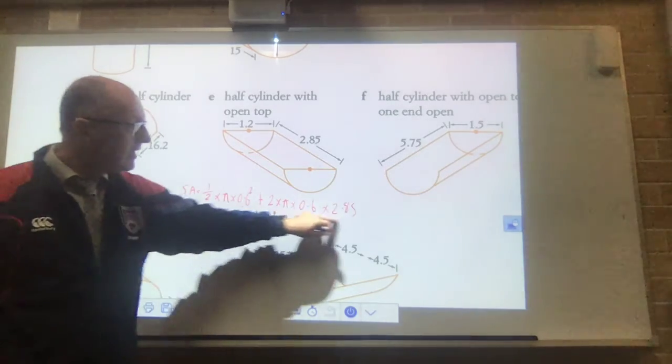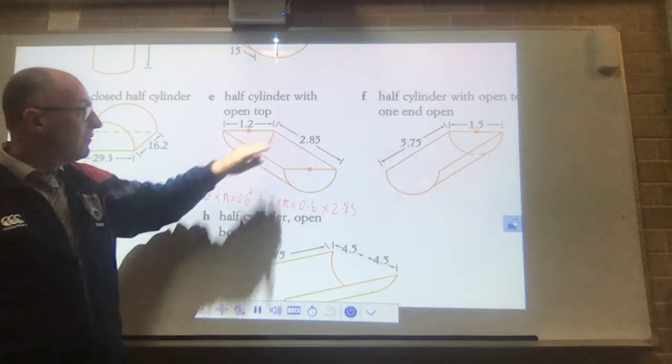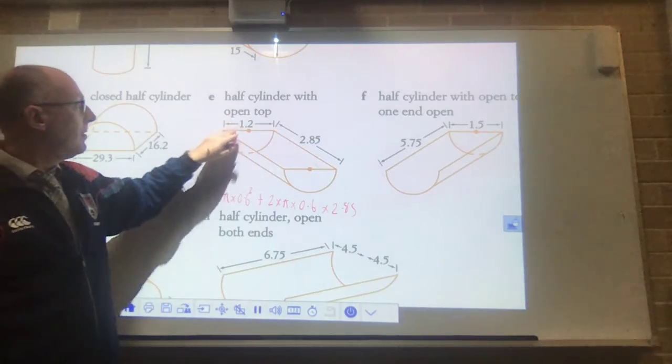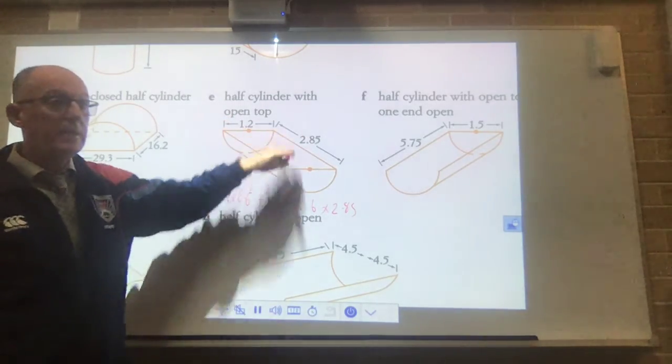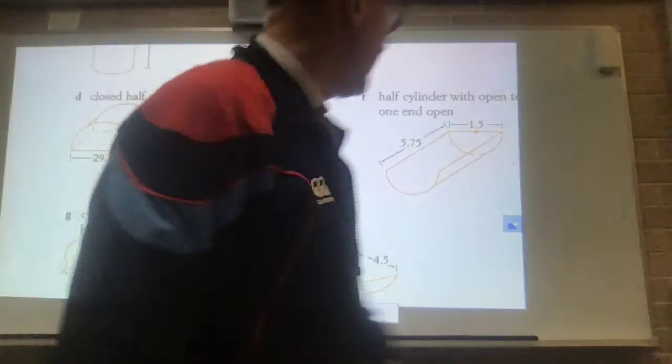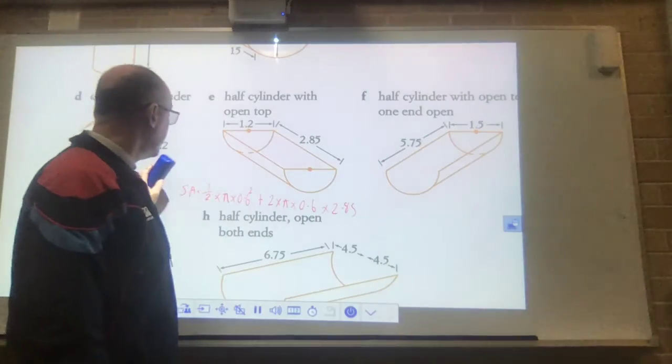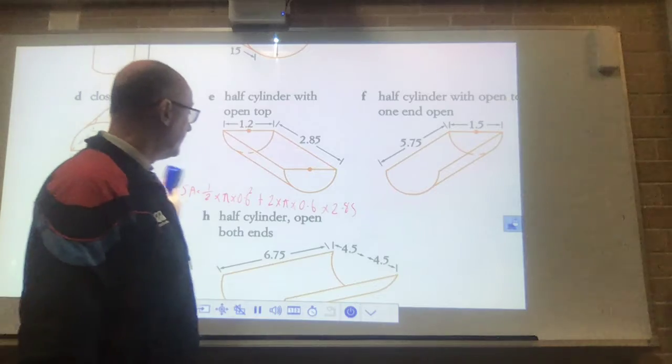So that should give you the right answer for this. Remember, it's an open top, so we don't find that bit up there. Put that in the calculator and give your answer to 2 decimal places, I think.